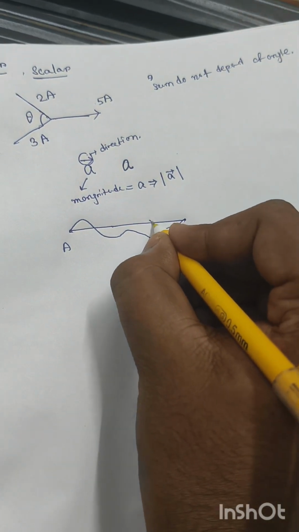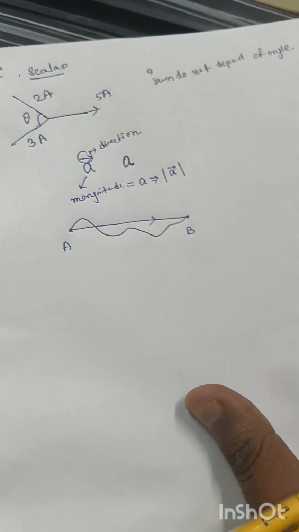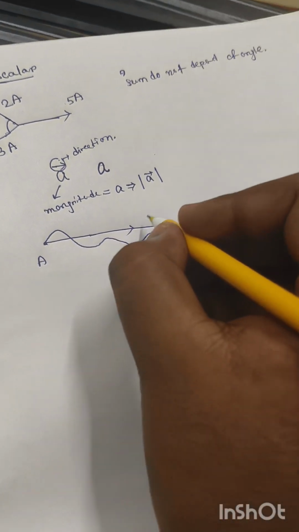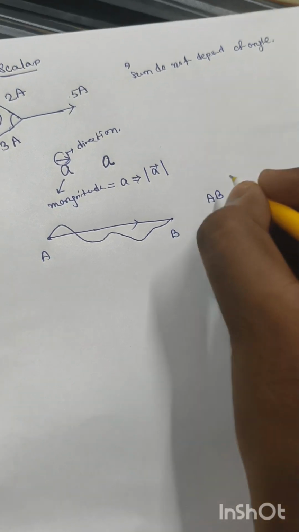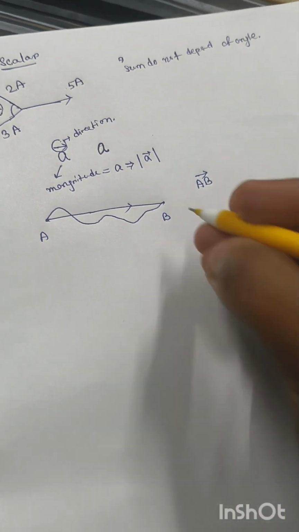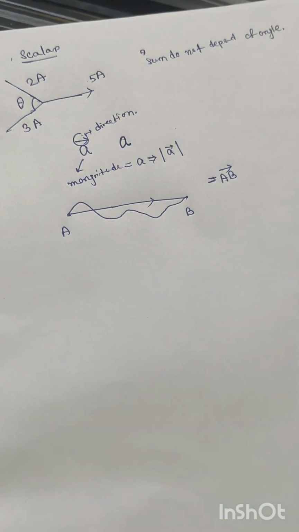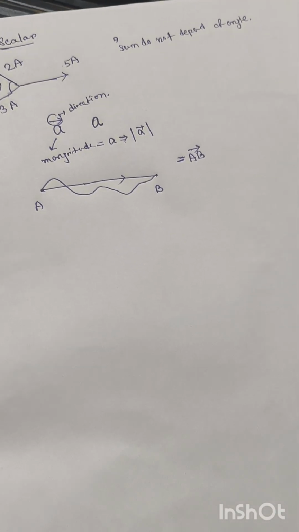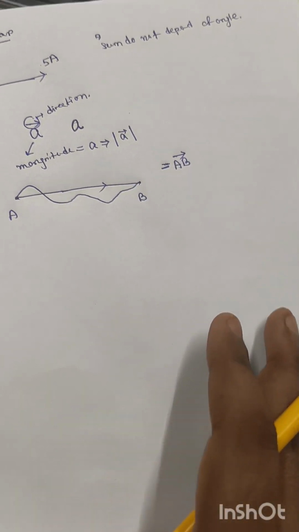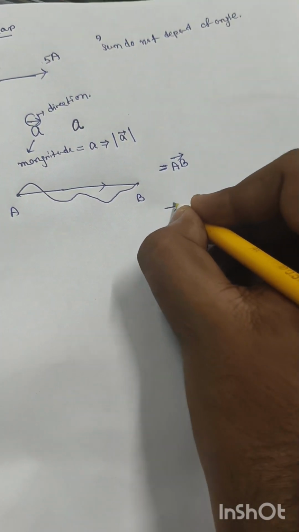And here the vector is AB. For the vector we write AB, the vector distance between the two. So a vector is always written in straight lines.